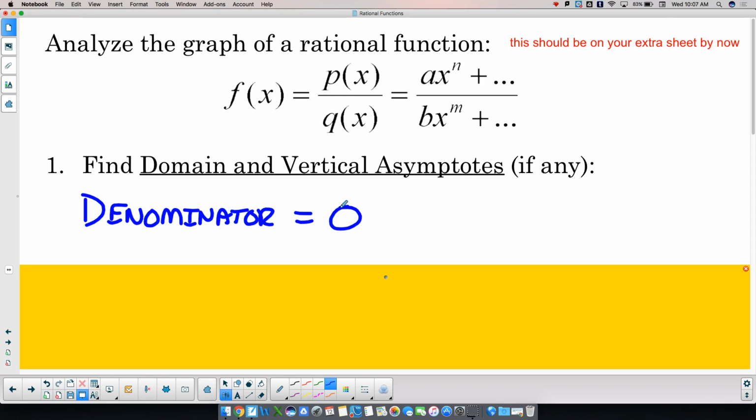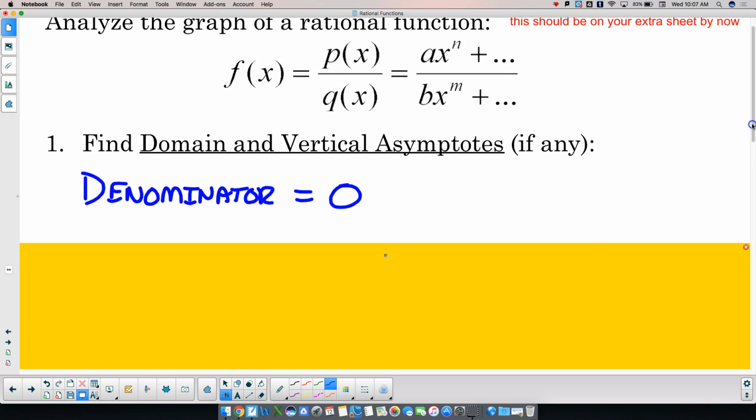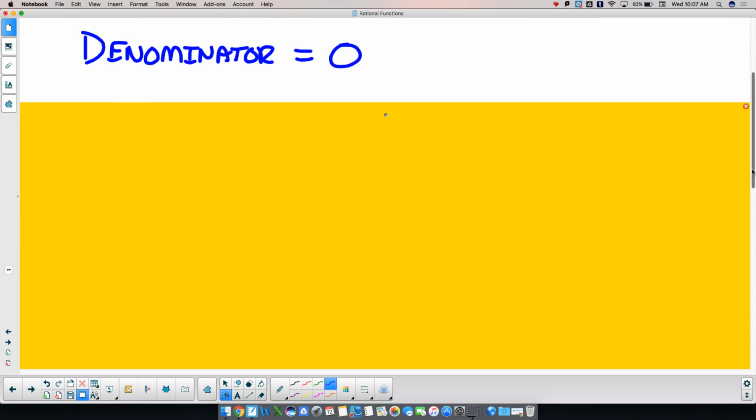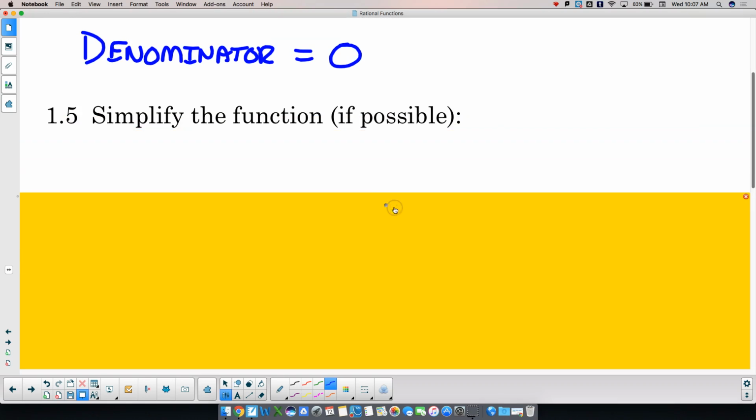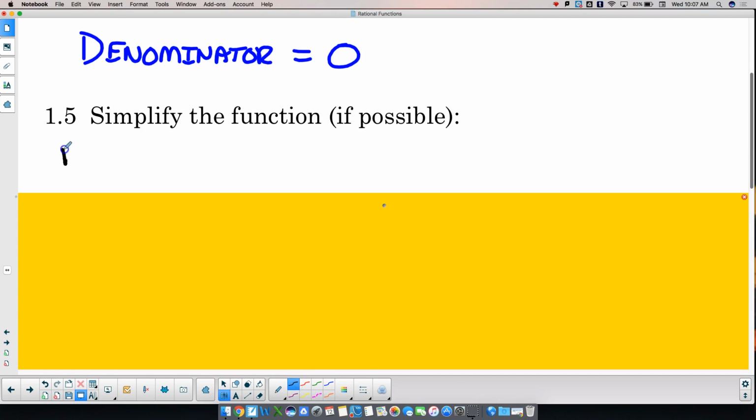Or step 1.5, yes, I'm sorry, the next step. Okay. So we're going to simplify by factoring, if we can. And if something crosses out, we cancel it out.